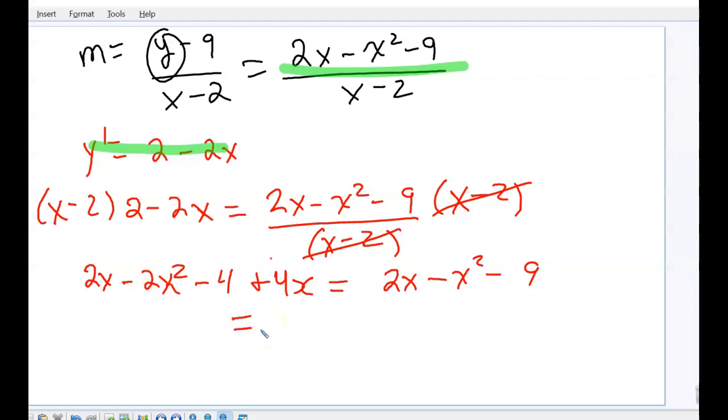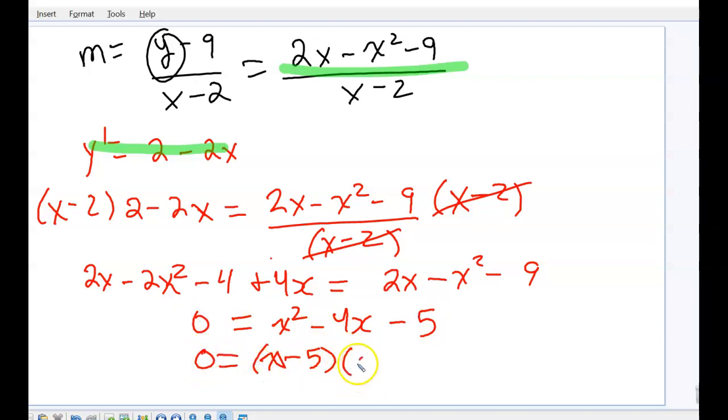I'm going to bring everything over to the right-hand side. If I add 2x squared over to negative x squared, that becomes x squared. I have 6x, and if I subtract 6x over, I'm going to get minus 4x. And if I add 4 to negative 9, I'm going to get negative 5. So now this is a quadratic, which is quite easily factorable into (x minus 5)(x plus 1).